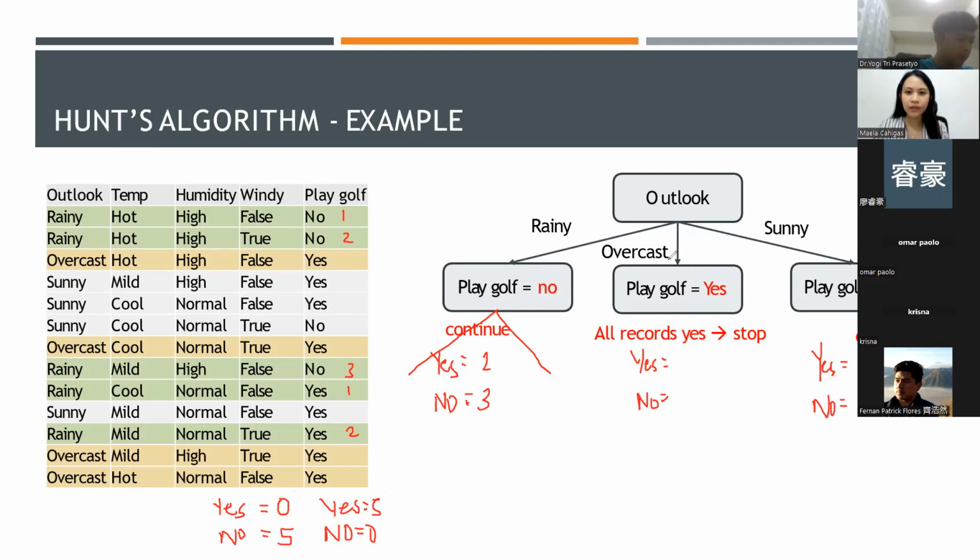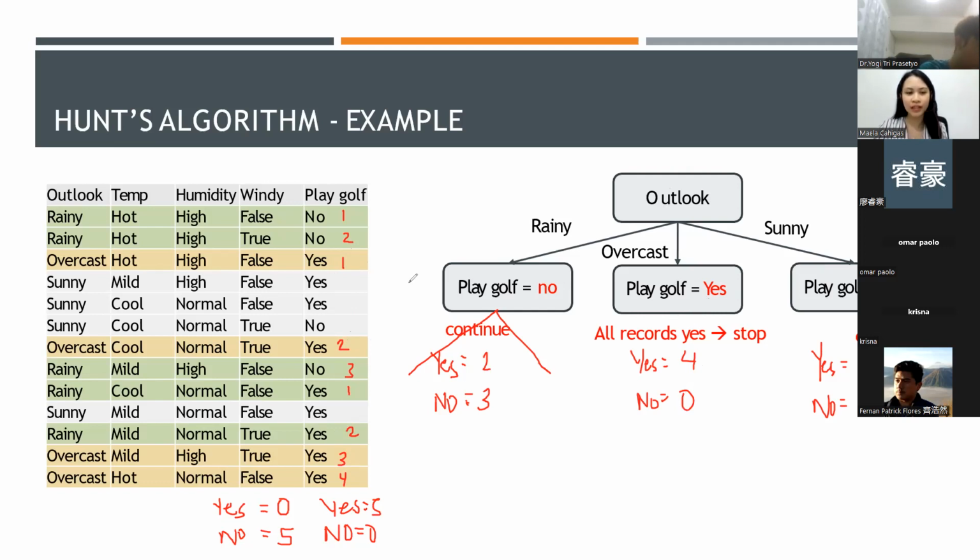So for overcast, for example, it has one yes, another yes, a third yes, and a fourth yes. So that means you have four yeses for overcast, but we don't have any no in the overcast outlook attribute. So we don't need to branch out our overcast.